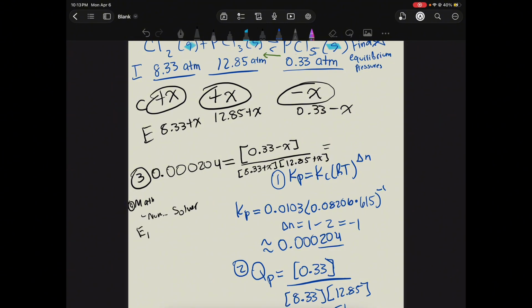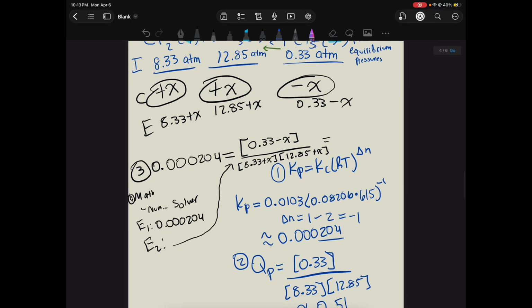You click on that, and then you're given E1 and E2. In the E1 section, you would enter 0.000204, and in the E2 section, you would enter what's given here on the right. So I'll go ahead and do that: 0.000204, and then on the right would be (0.33 minus x) divided by (8.33 plus x times 12.85 plus x).